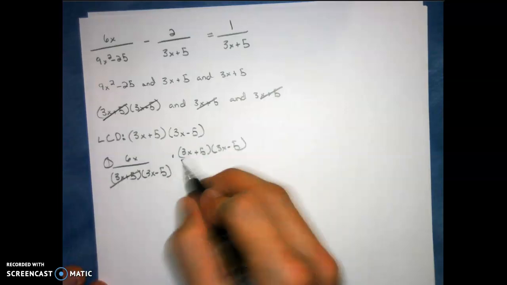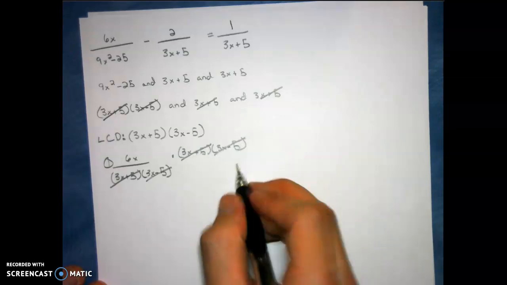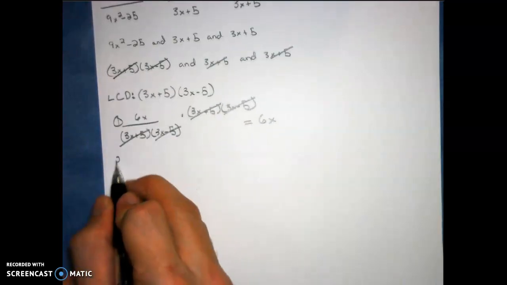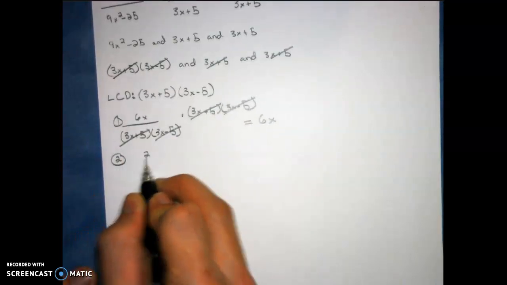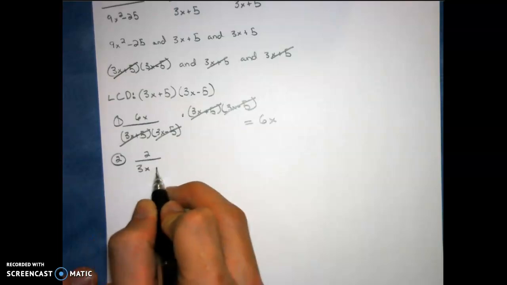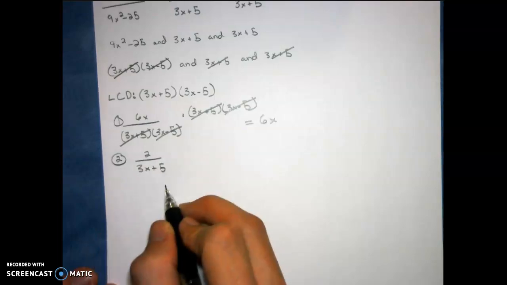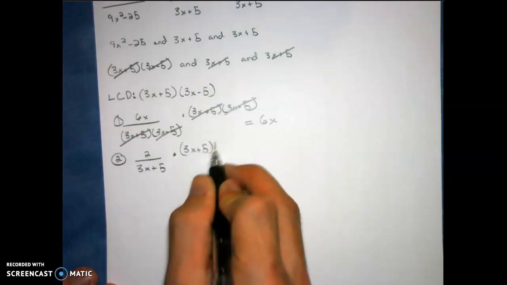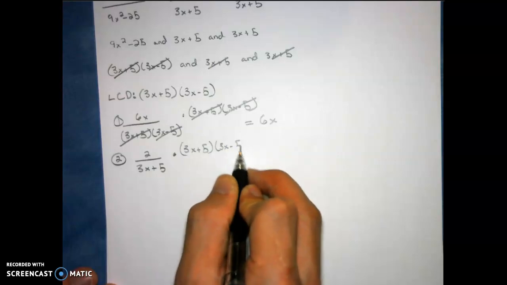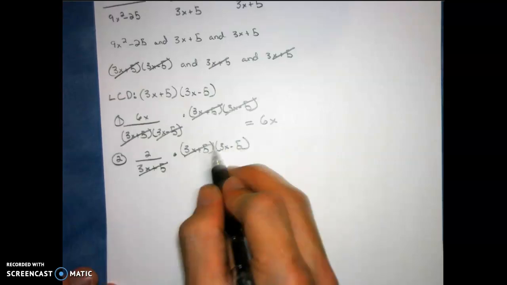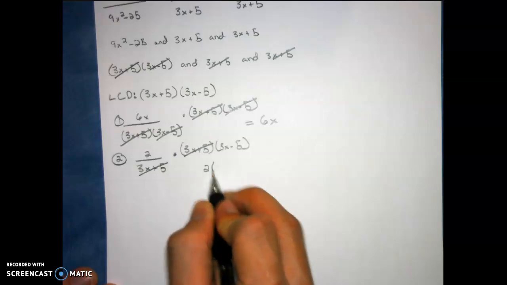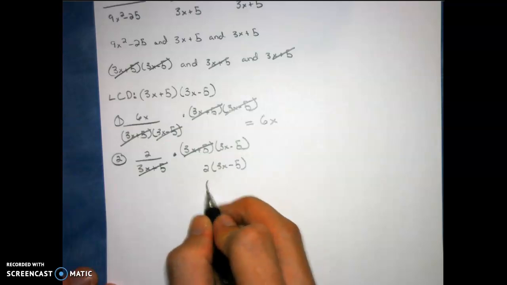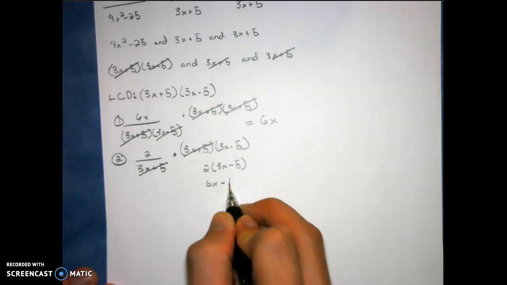These cancel here, cancel, cancel, cancel. We're left with 6x. Second one, we have 2 over 3x plus 5. Multiply by our LCD. Cancel here, cancel here. We're left with 2 times 3x minus 5. Distribute, we get 6x minus 10.